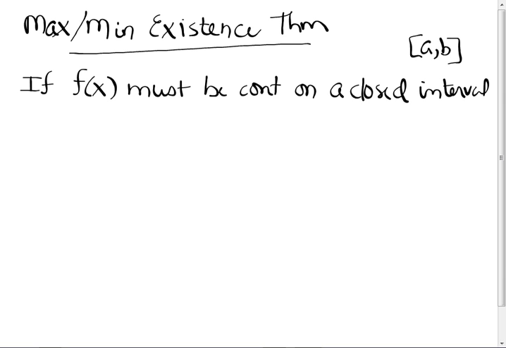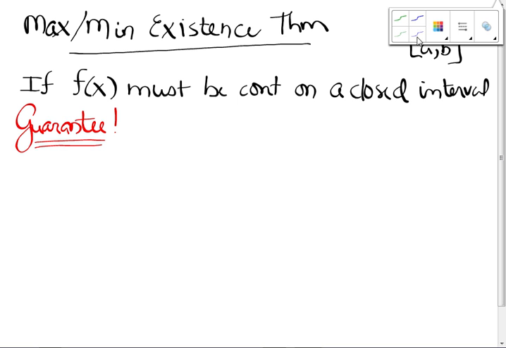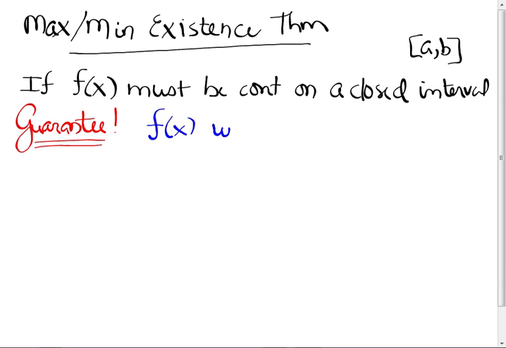If I have a continuous function on a closed interval, then I absolutely guarantee this will happen. This is a guarantee. I like guarantees. f of x will have both a maximum and minimum value, and that's an absolute.